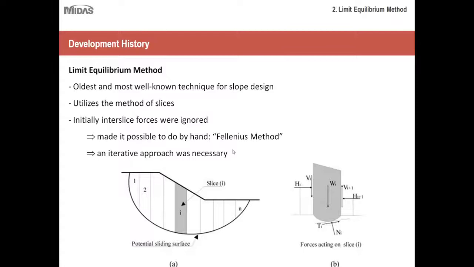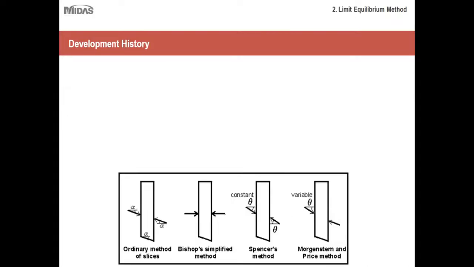So if you can imagine, engineers would usually do it on a board or a spreadsheet. They'd draw these arc failure surfaces over and over again, get the factor of safety for each one, and then use the minimum factor of safety for their design, which was extremely time-consuming and very detailed. But that was how it was done before the emergence of software programs.